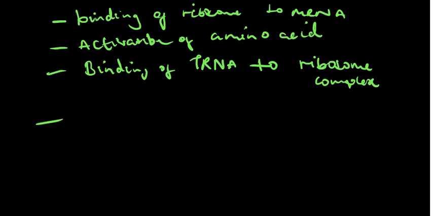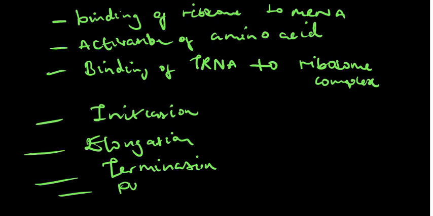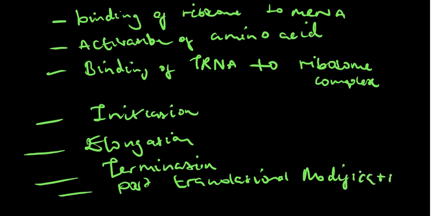After this happens, we'll now have initiation, then elongation, then termination, which we talked about. And the last thing is post-translational modification. So these are basically the steps that are involved in translation.